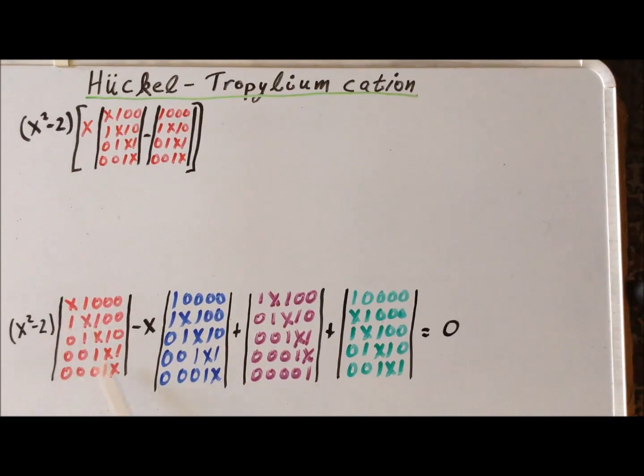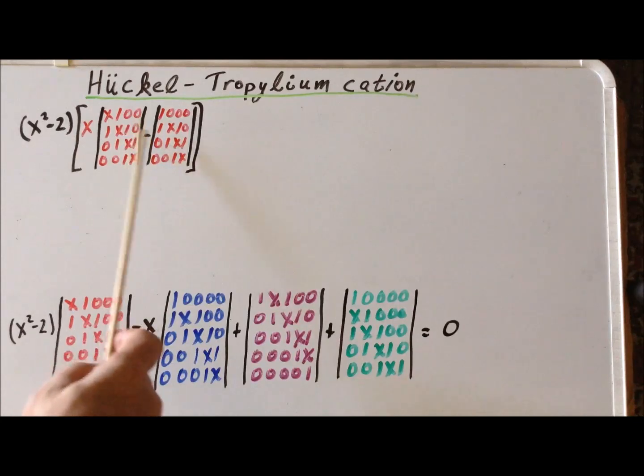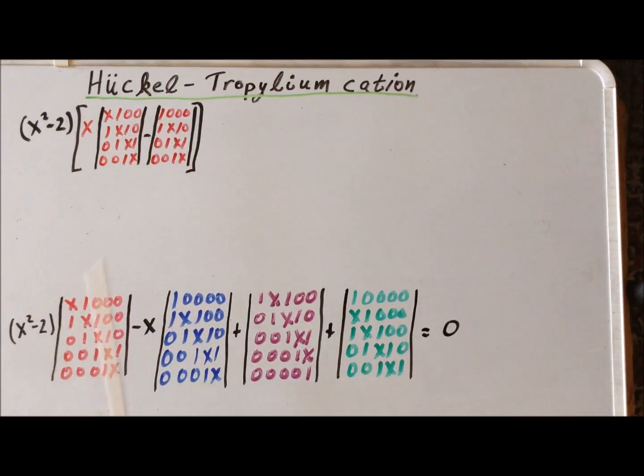We expand the red 5 by 5 determinant using the first column. So our coefficients are going to be x and -1. I just put the minus sign to save some writing there. And it's all multiplied by this coefficient of x squared minus 2.